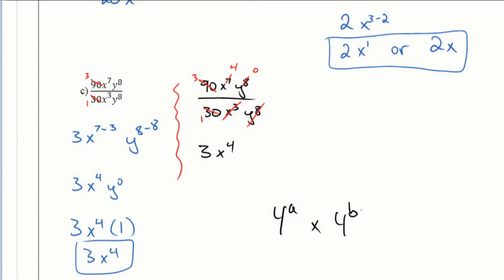When I am multiplying, I add my exponents. So this is going to be 4 to the A plus B. And I can't add my A's and B's together. So that's it, just that easy.